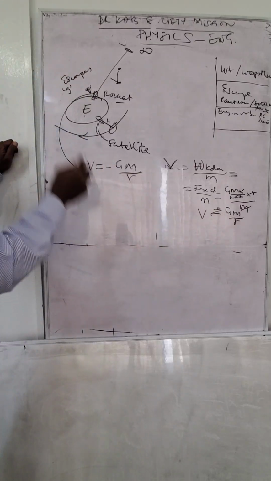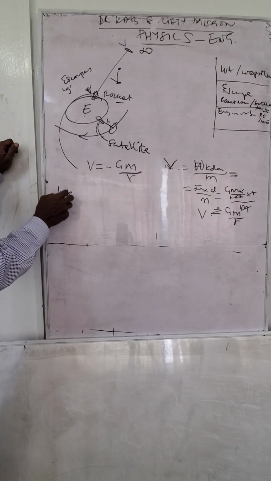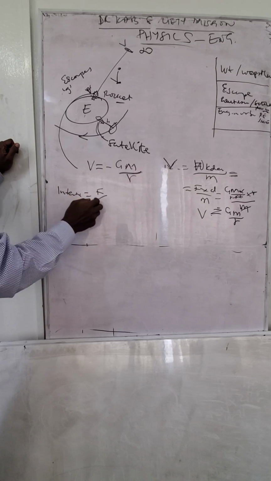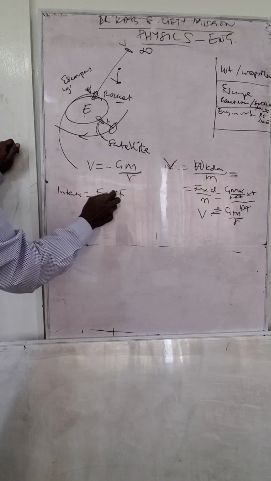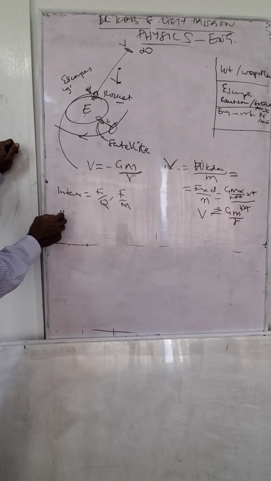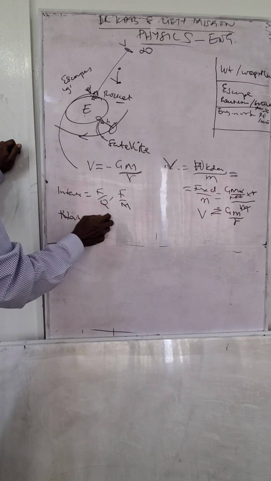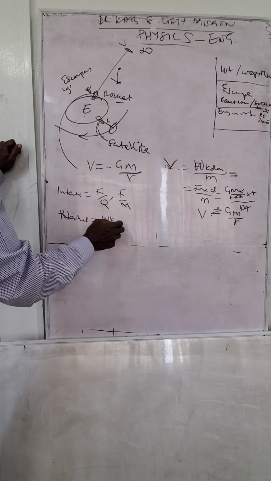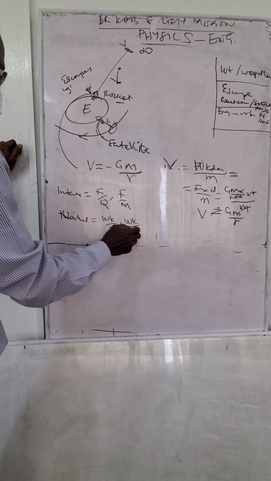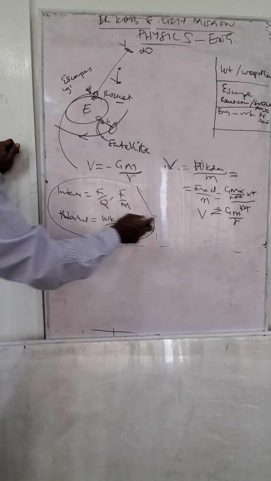Remember we said that intensity is force per unit mass, and then potential is with respect to work done, so work done per unit mass, or work done per unit charge, depending on the body you are dealing with. You use that to get the principle.